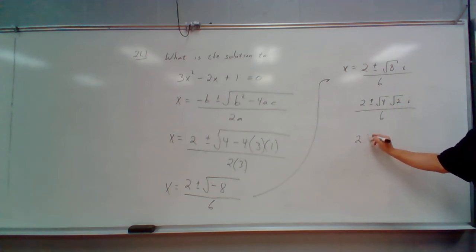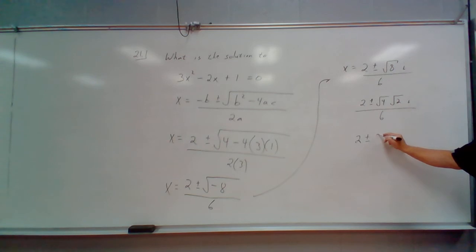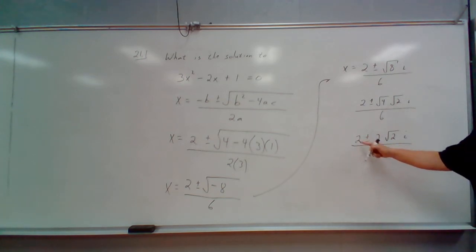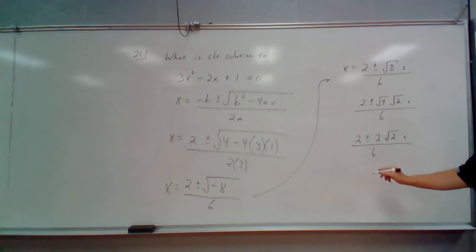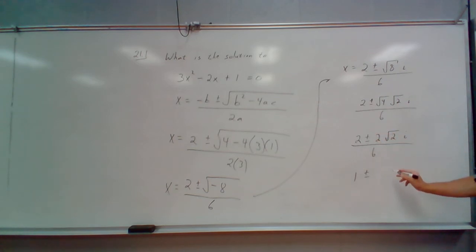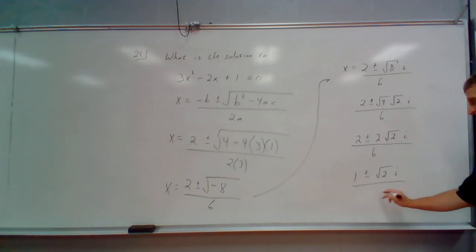So now I have 2 plus or minus 2 square root of 2 times i, all over 6. Now I can simplify. I can divide everything by 2. So that'll be a 1 plus or minus, this becomes a 1, square root of 2i all over 3. So those are my imaginary roots.